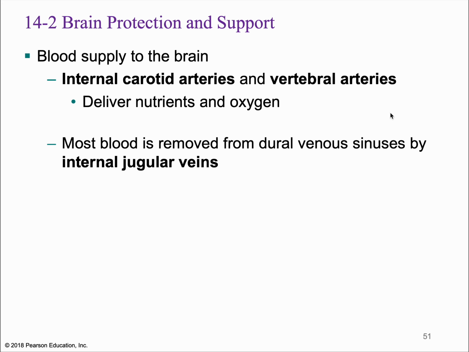Before we move on, I have to talk more about the brachiocephalic artery in detail. The brachiocephalic is branching off from the aorta, and there are two more branches off the brachiocephalic: your right subclavian artery and your right common carotid artery.